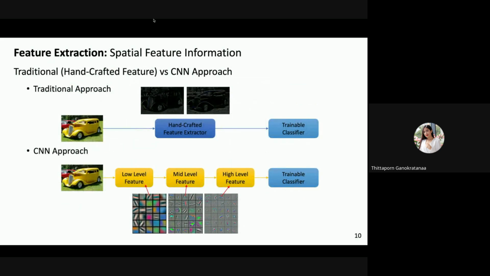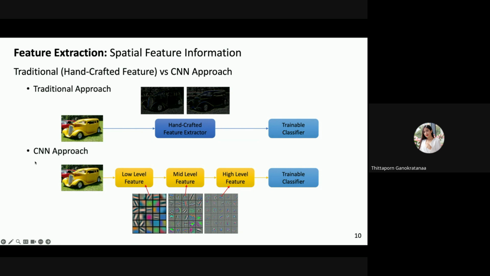As for the spatial feature information, this slide just shows the difference between the traditional or handcrafted feature versus the CNN approach. For the traditional approach, you have the input image here, and then you do the handcrafted feature extraction, and then you get the features, and you feed them into the trainable classifier.